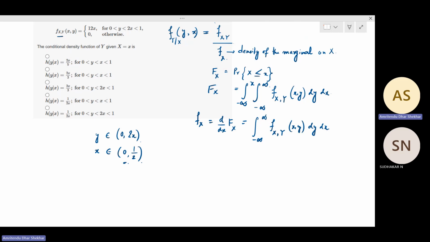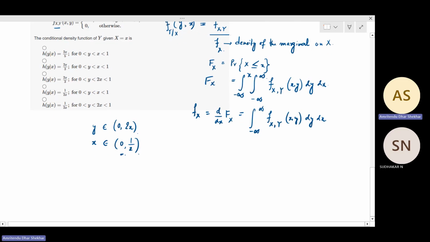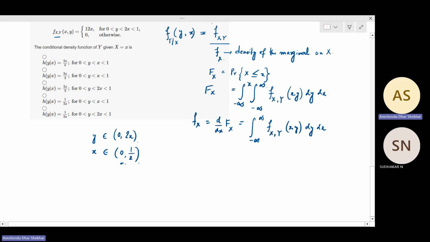The PDF f_xy for x greater than half is just equal to 0. So you have to set the limits of this function appropriately, and that would give you the density of the marginal.